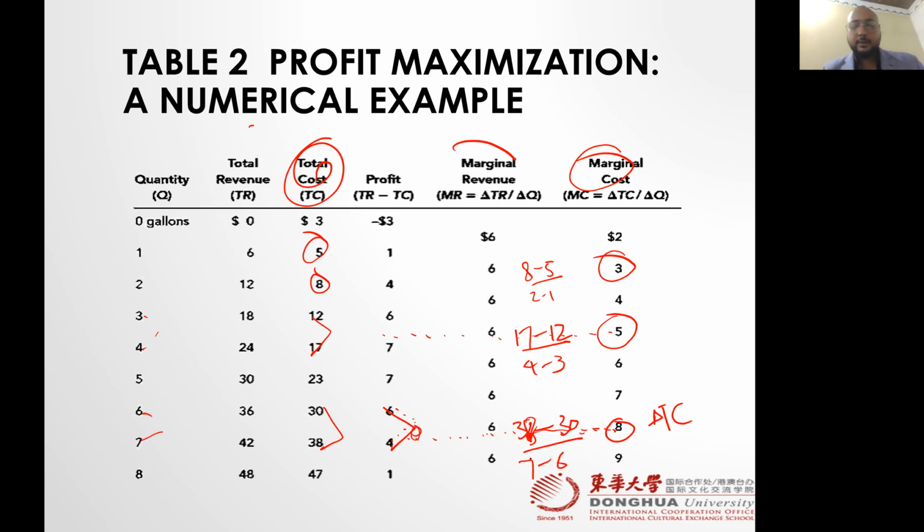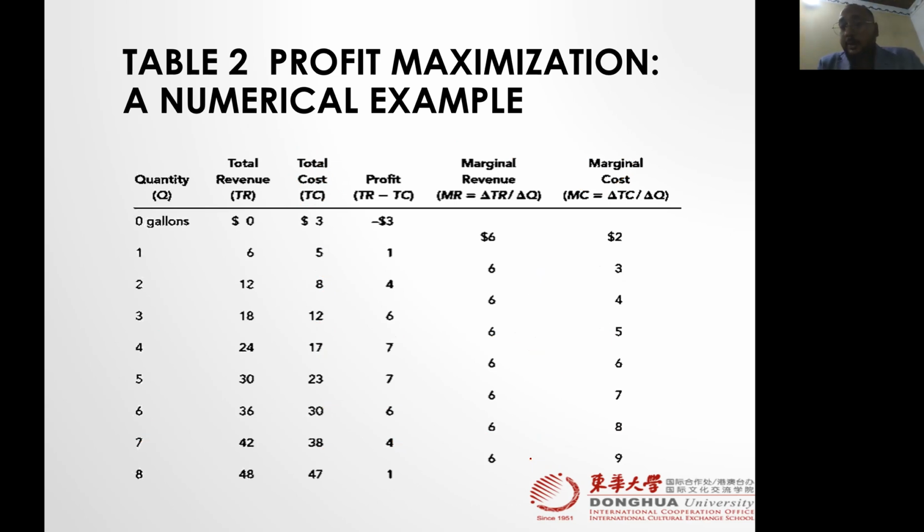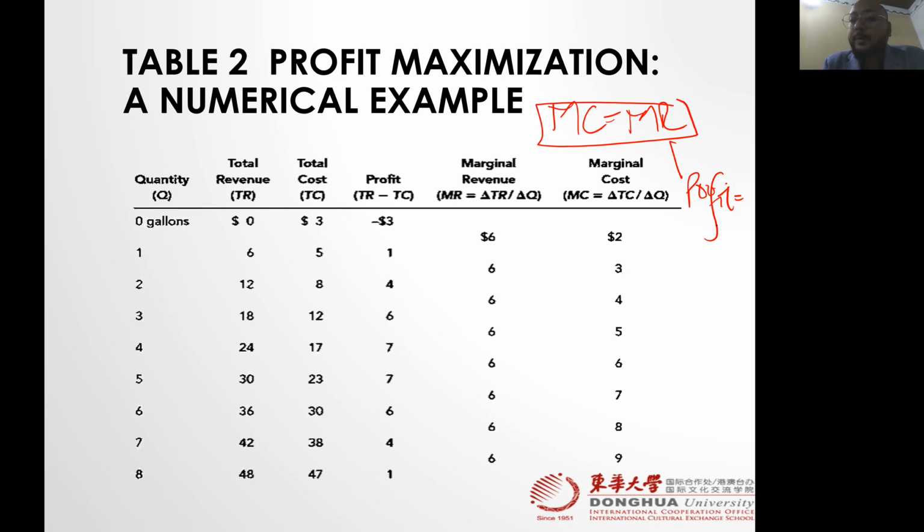All right, here we go. So economists told us you need to produce where MC is equal to MR. When you produce at this condition, your profit will be maximum. So where is MC equal to MR? You see this?